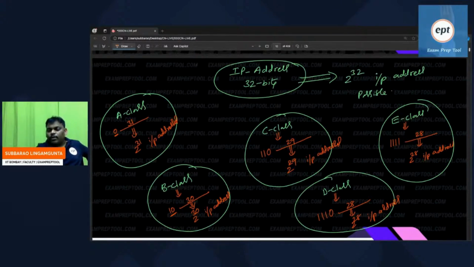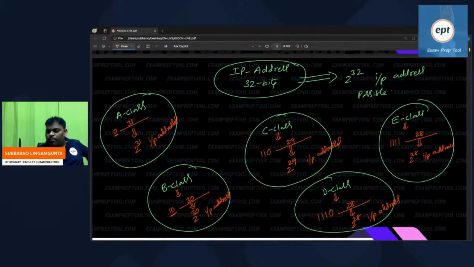So can you help me now? Every IP contains 4 octets, whether it is A class or B class or C class or D class, whatever the class may be. To recognize which class, you see the first octet.